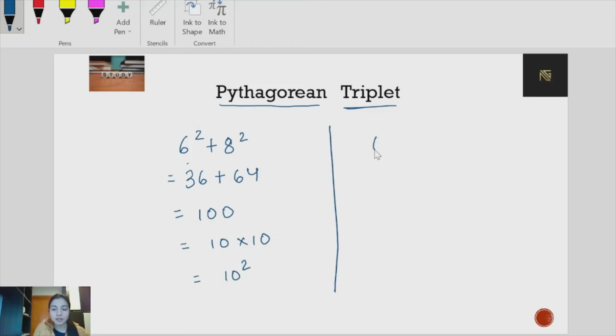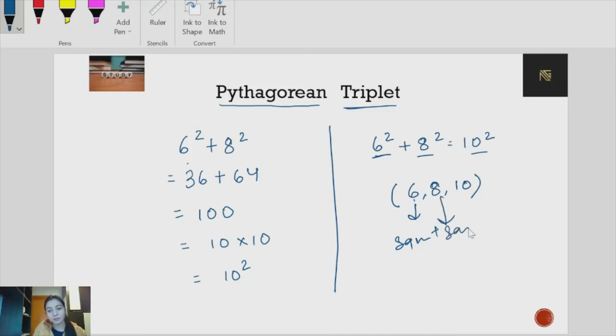We are getting that 6 square plus 8 square is equal to 10 square. Then from here we can conclude that this 6, 8, 10 is also following the property of Pythagorean triplet. That is, square of the first one plus the square of second one is equal to square of third one. Clear?